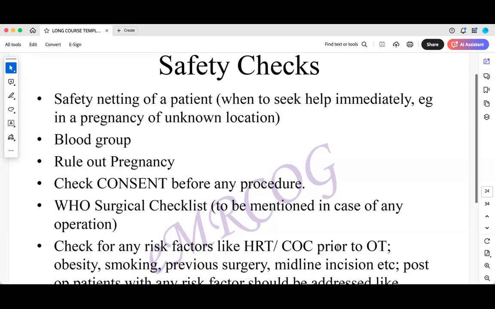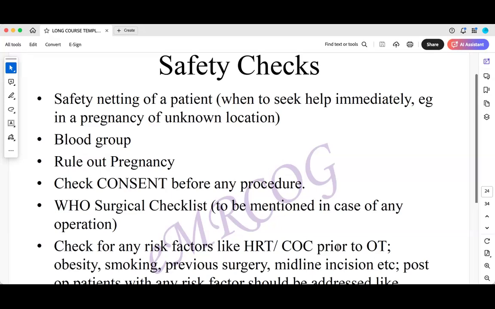Because if not, and she gets a rupture of the ectopic and acute bleeding, she will die without anybody taking care of her. She will not be able to reach the hospital in the proper time. Nobody is going to provide her help.